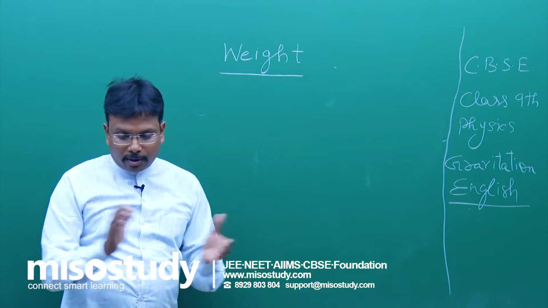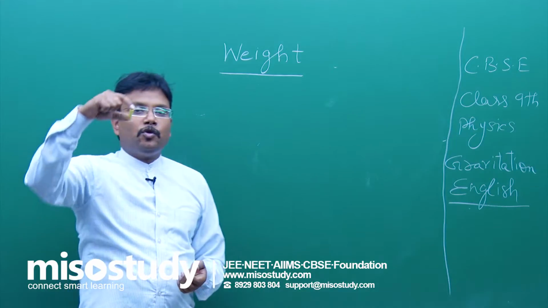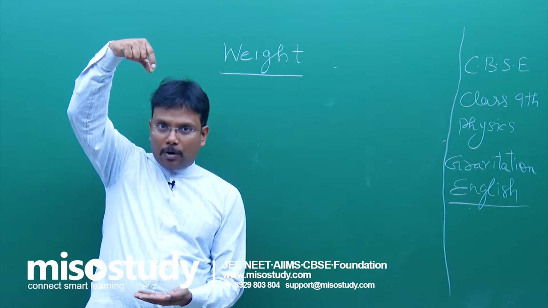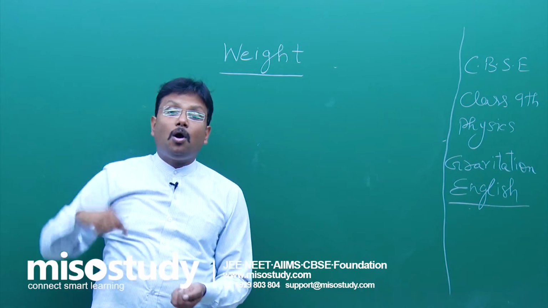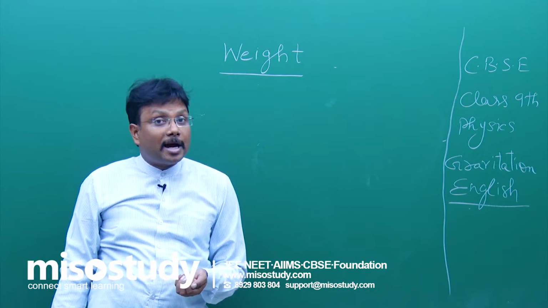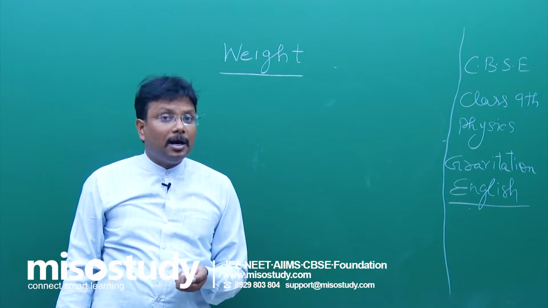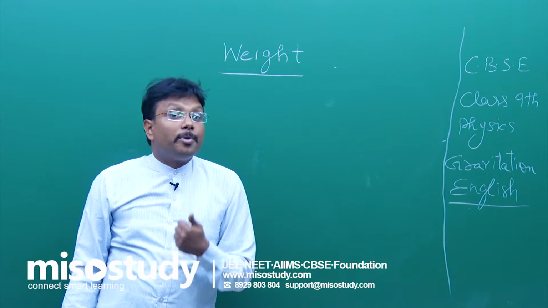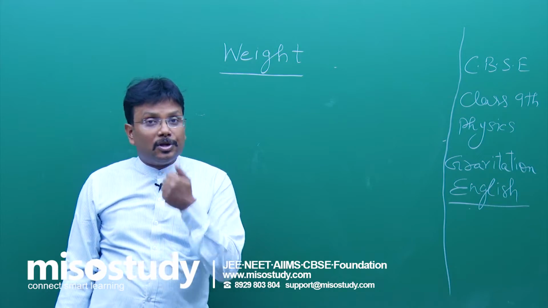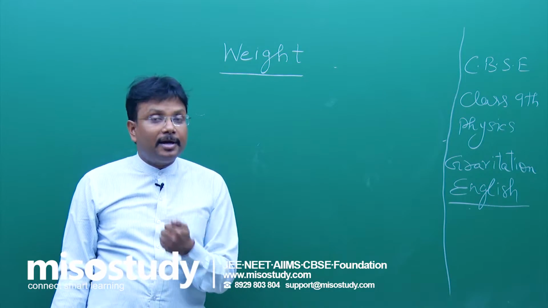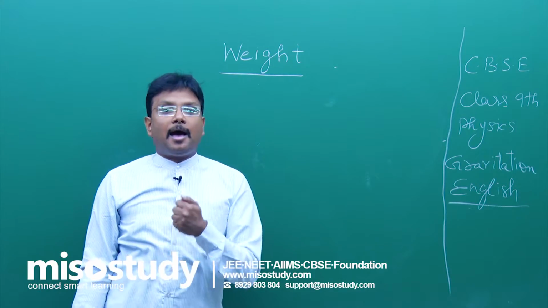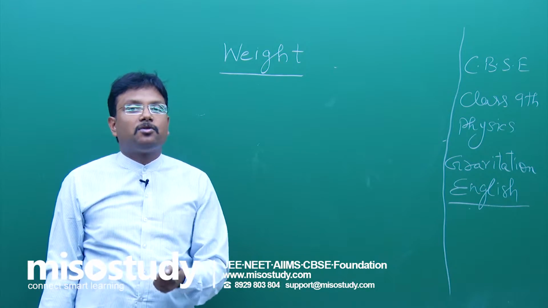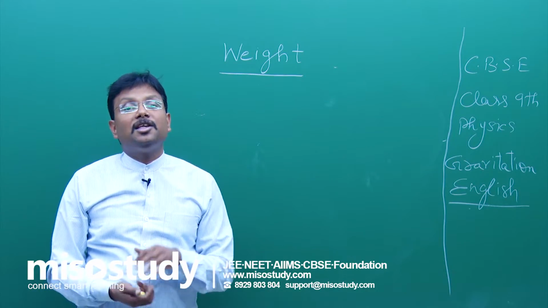You will say, sir, when you are dropping this chalk, it is moving down because of the force of attraction offered by the earth, that is the gravitational pull. Fine. Because of this force, some acceleration will be present, and that acceleration is defined as acceleration due to gravity g. That is why I am multiplying this mass with acceleration due to gravity, small g.